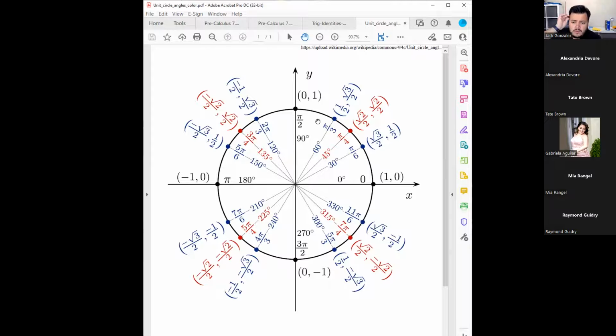Okay. Now, do you guys notice a pattern? So I'm going to circle all the solutions that we got. This one, this one, this one, this one.